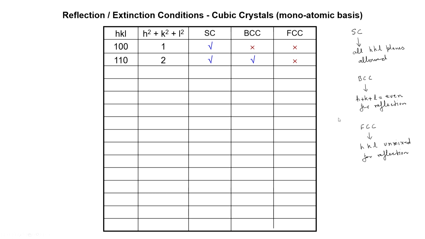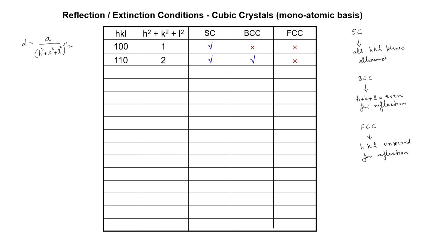Now, I am going in this particular order, in fact with increasing values of h squared plus k squared plus l squared. There is a reason for this: the interplanar spacing for a cubic crystal is a divided by (h squared plus k squared plus l squared) to the power half, where a is the lattice parameter.